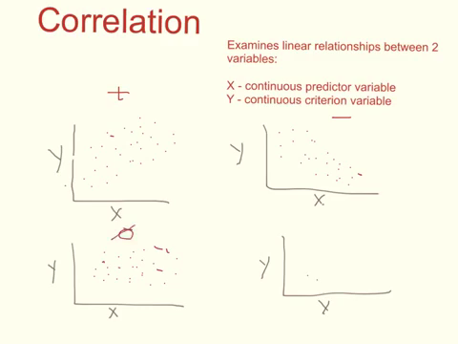And then you could have a curvilinear relationship. Now, as we discussed in class, correlation can't handle a curvilinear relationship. It underestimates it and usually calls it no relationship. So that's correlation, and correlation can deal with direction, which is what I present here, and it can deal with strength.